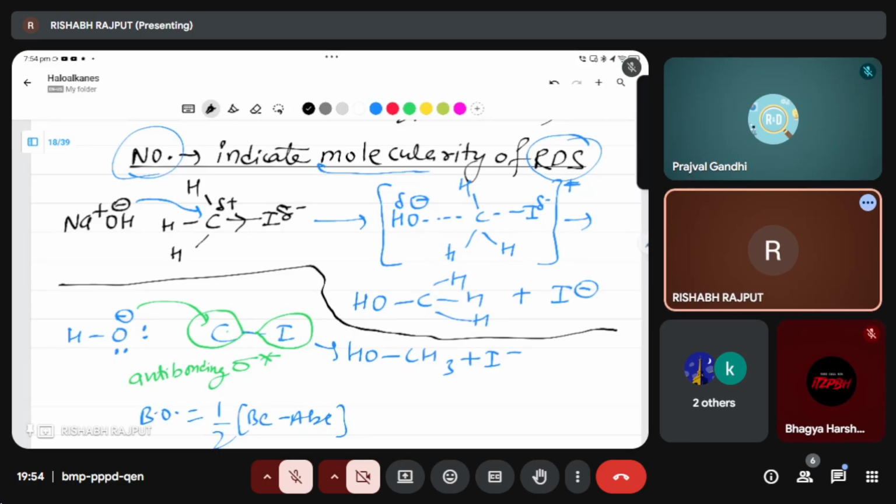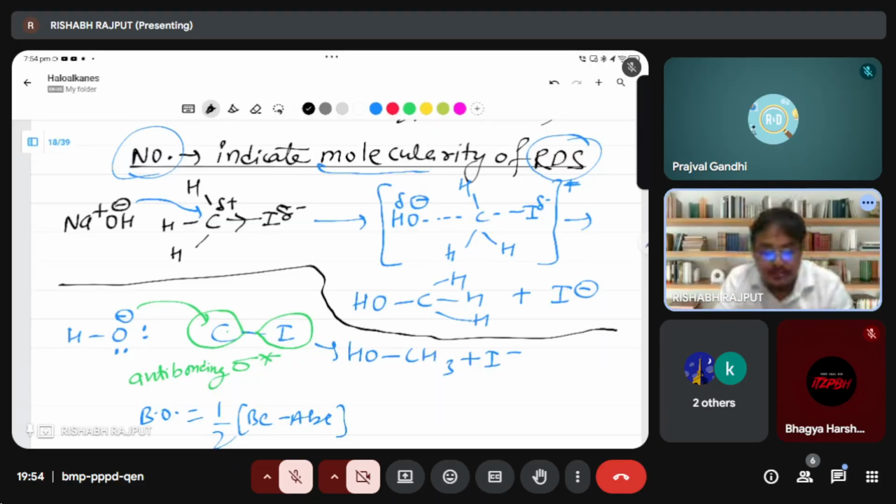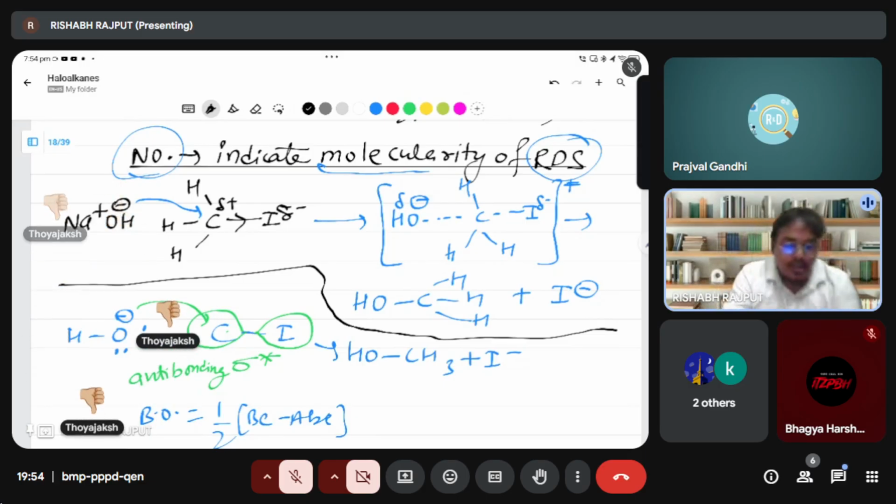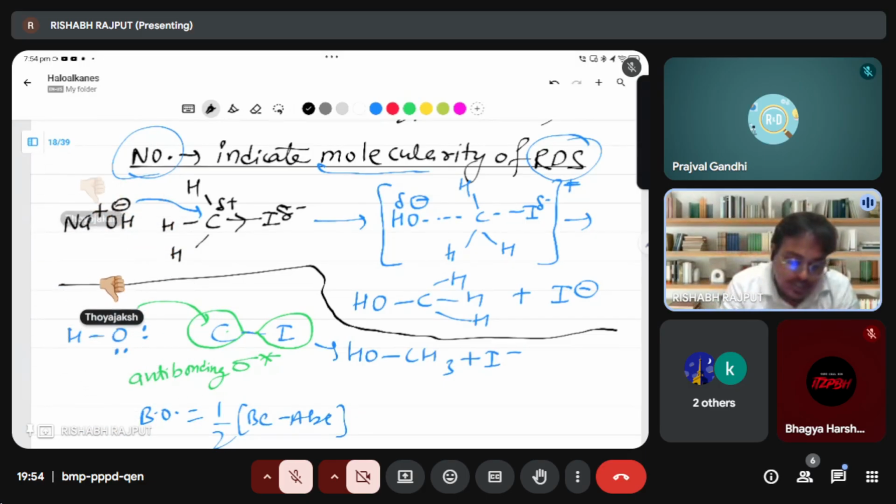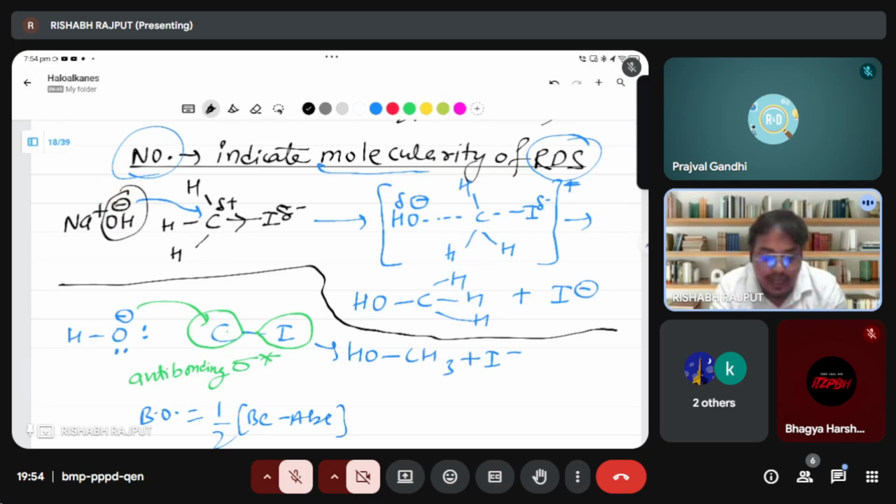Okay, now we're starting. Now my voice is clear, guys. See, in NaOH, the OH negative will act as a nucleophile, and it attacks the backside of methyl iodide, not from the iodine side. It will come from the carbon side.